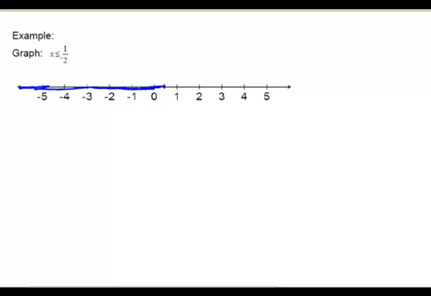And then we do have the equals underneath. So that will be a bracket. It will open in the direction of the shading. And we might mark our fraction on here. We'll say this is a half. If your number line is not already written out for you, all you have to really show is your endpoint. You don't have to show the other numbers.